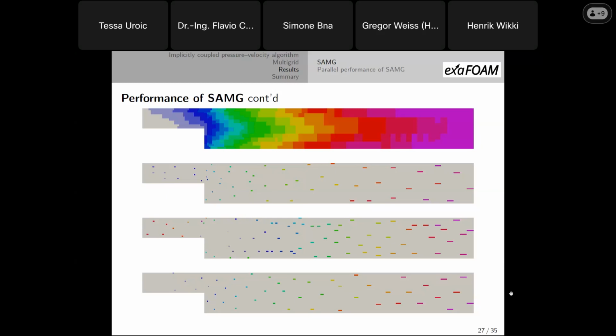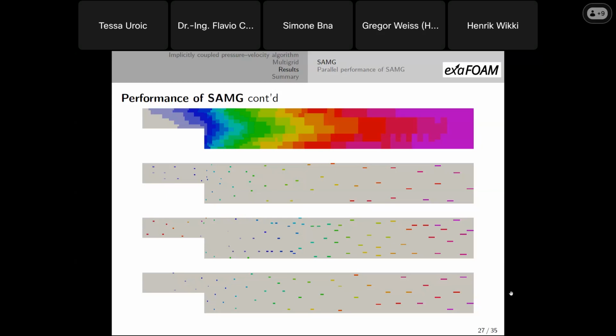In the agglomerative, so cluster multigrid method, shown here on the backward facing step example, the image on the top, you will also get a reduction of equations by a factor of 2. So joining the cells will usually reduce the number of equations by 2.